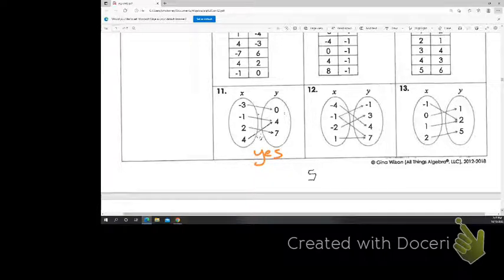Number 12 is a no, and is a no because of -1. Because we have -1 paired with -1, and -1 is paired with 7. And then this one, again, a yes. It's okay. It's when they have 2 coming from the same x that it's going to be a no.